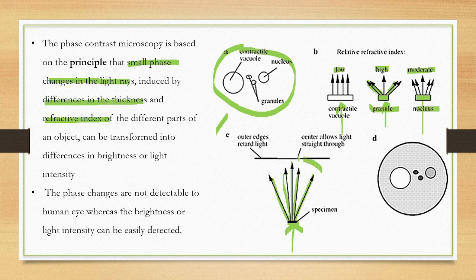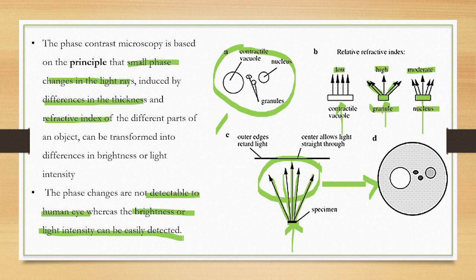Now, these phase changes in the light rays cannot be detected by the human eye. So the phase changes have to be converted to brightness or light intensity, which can be detected by the human eye.